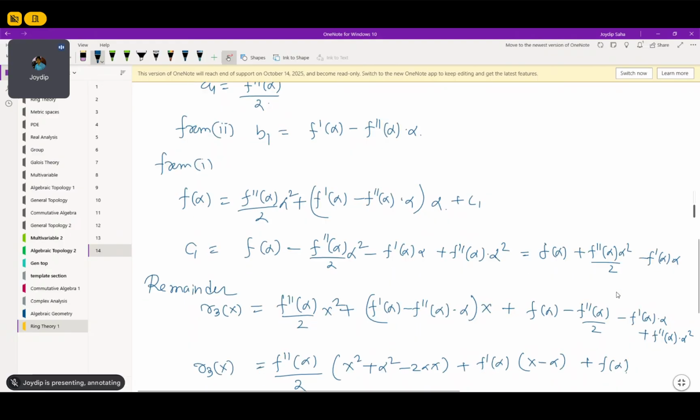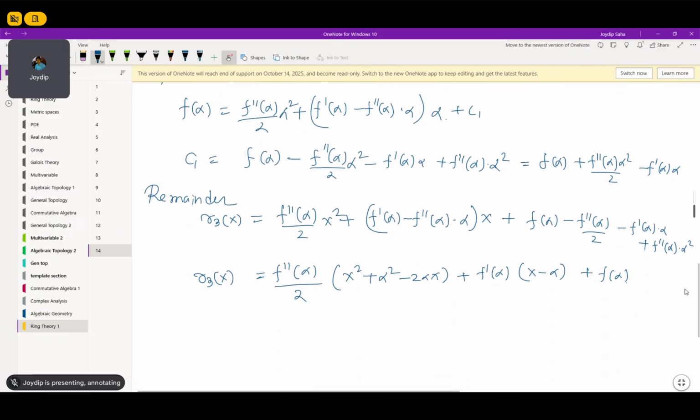Okay, now it is corrected. f alpha plus f double dash alpha dot alpha square by 2 minus f dash alpha into alpha.